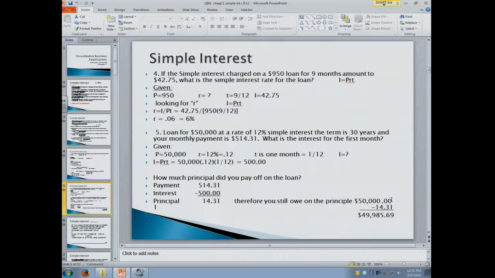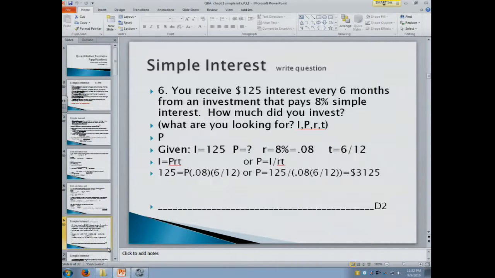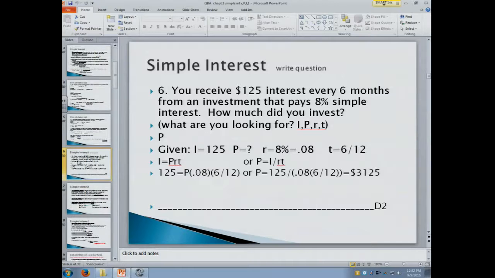So here's the original principal of $50,000 minus the $14.31 we paid down on the principal. So after the first month, we still owe $49,985.69. Yes, almost seems unbelievable. I'm going to let you look at that problem.